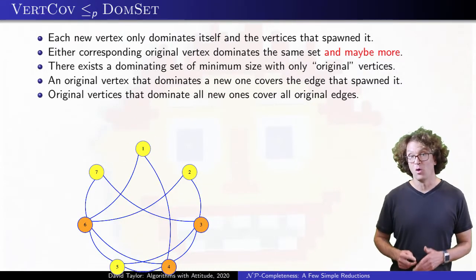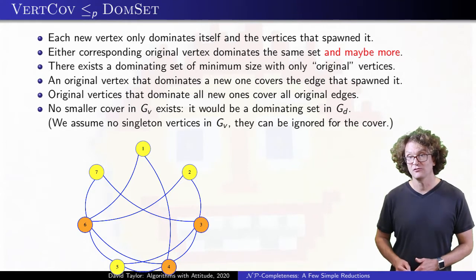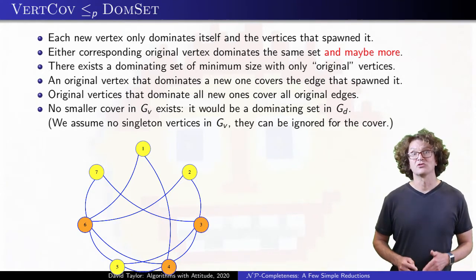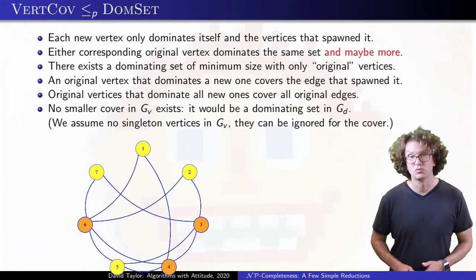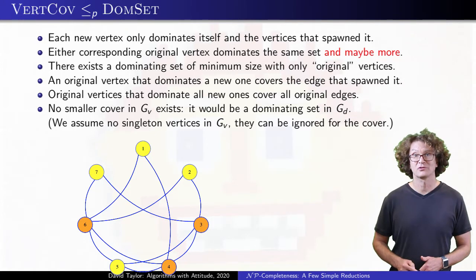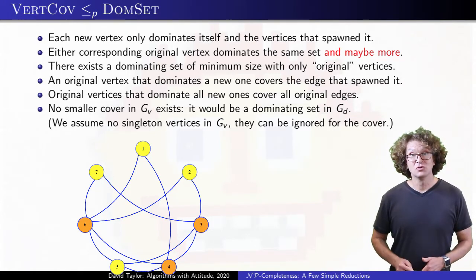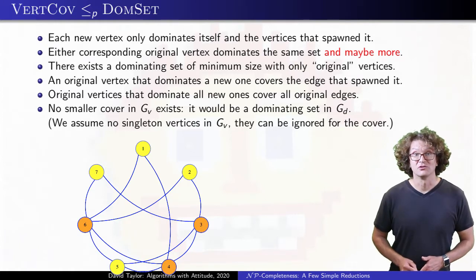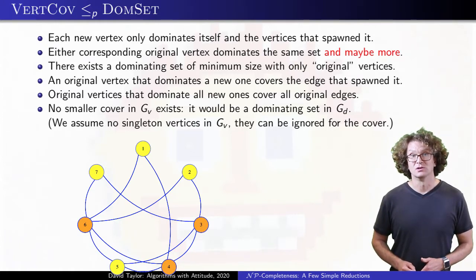If there was a smaller vertex cover in the original graph, those vertices would make a smaller dominating set in the new graph. So the size of the smallest dominating set in the new graph will be the size of the smallest vertex cover in the original. One technicality. I assume there aren't any singleton vertices with no edges in the original graph.